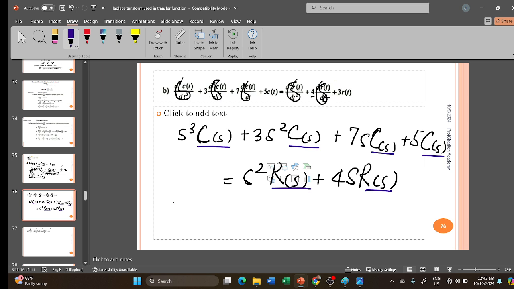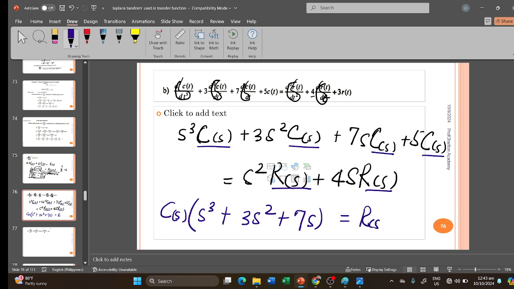Okay, so we put this outside the term, and then we factor this out: S cubed plus 3S squared plus 7S equals, the common factor is R(s), so multiplied by S squared plus 4S.